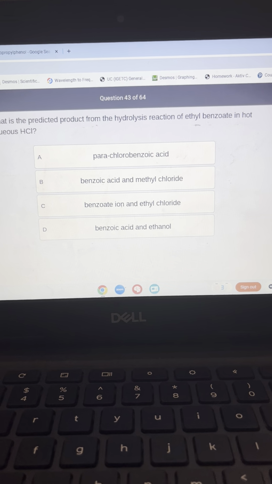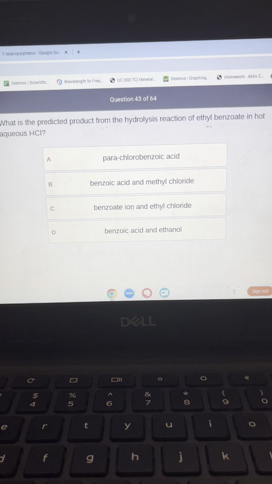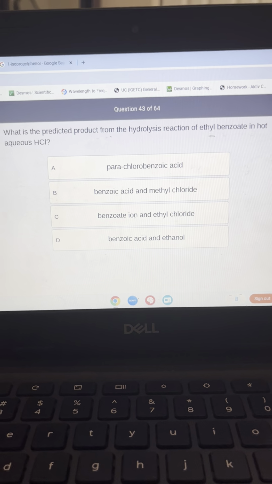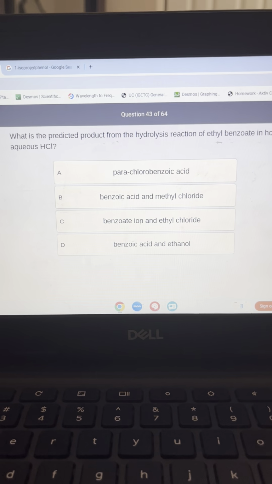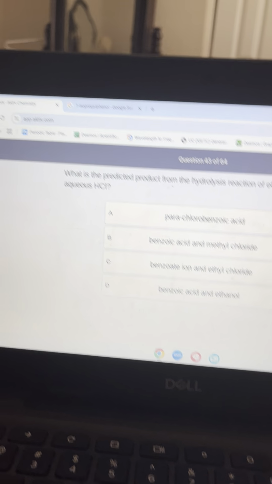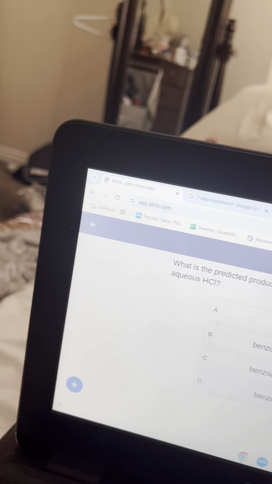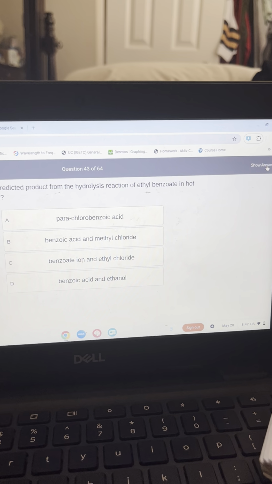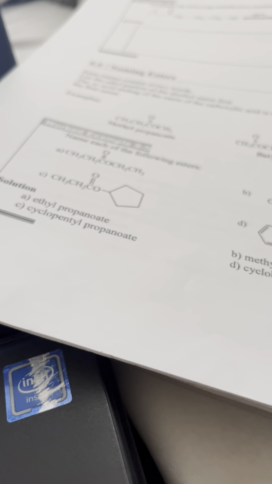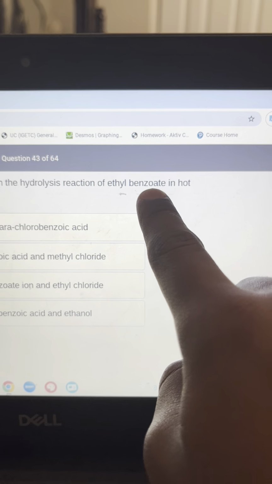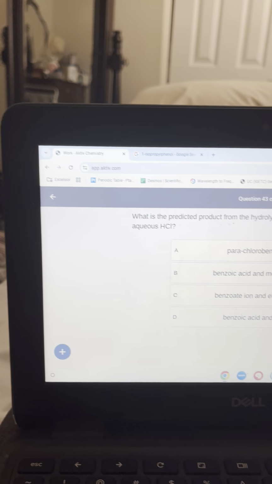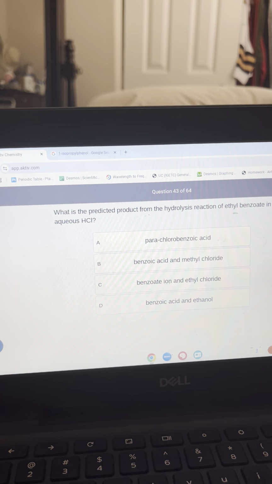Okay, so we have a hydrolysis reaction. So we have benzoate, and -ates, what are -ates? -ates are the esters. So we look over here, hydrolysis of esters, because -ate, that suffix, is an ester.